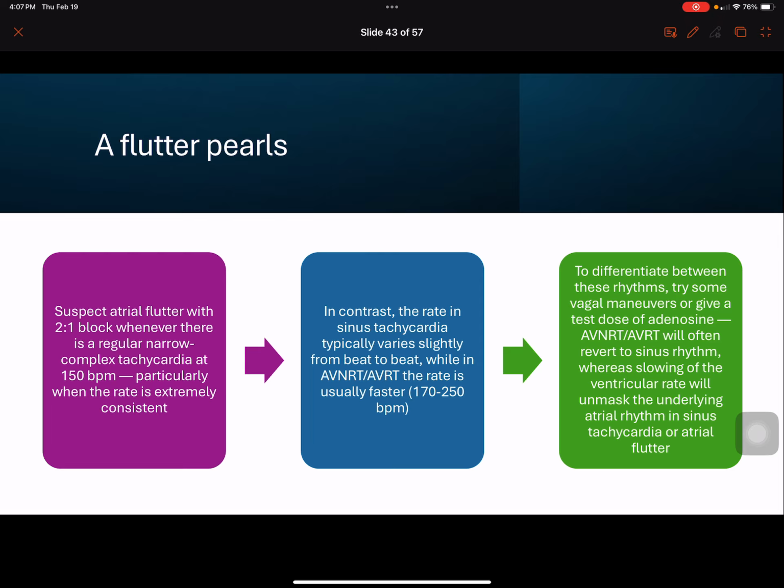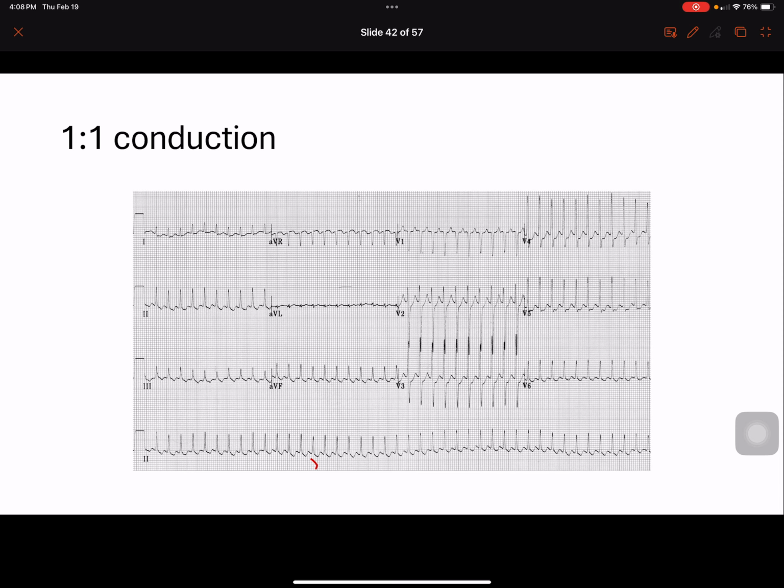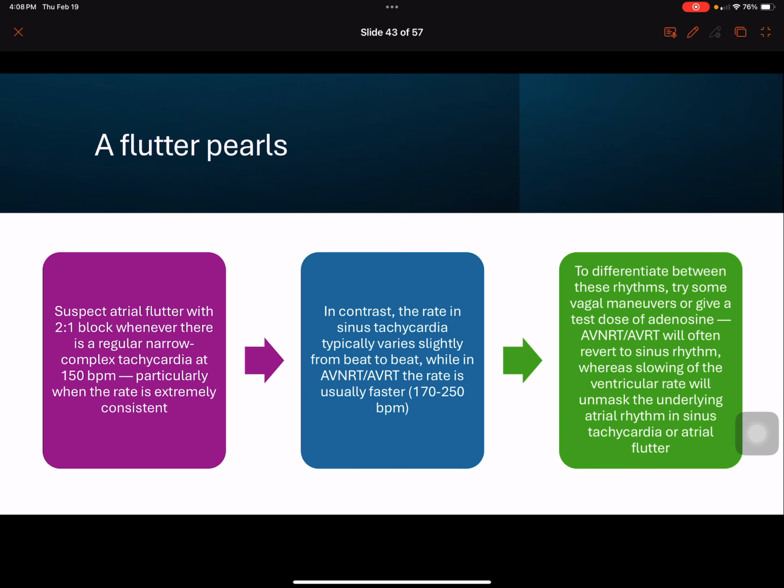In contrast, like when we talked about sinus tachycardias, the rate can vary slightly. And in AVNRTs and AVRTs, we usually see rates of 170 to 250. If I go back to this 12 lead and count it out, it's almost exactly 300 beats per minute because it's one box. Very consistent, 300 beats per minute. I would think 1-to-1 A flutter.